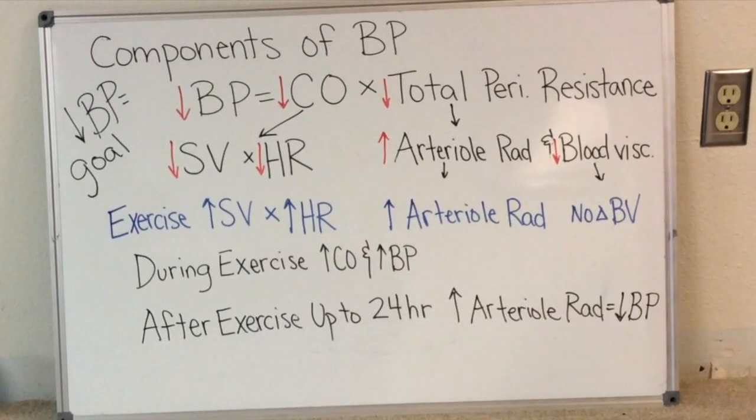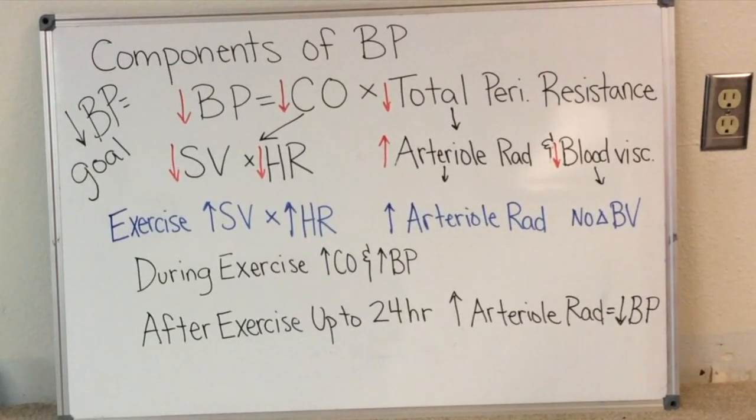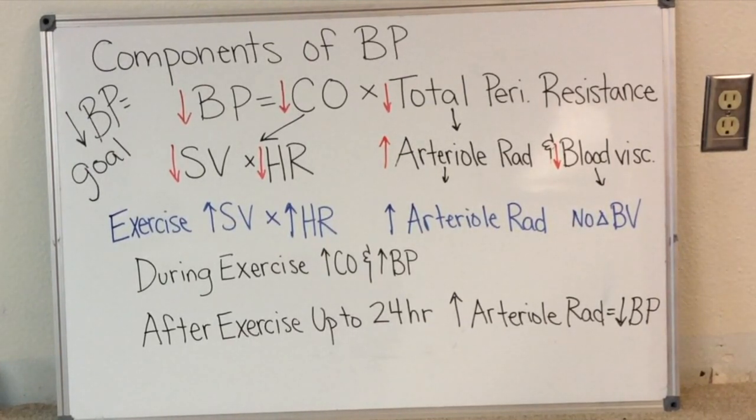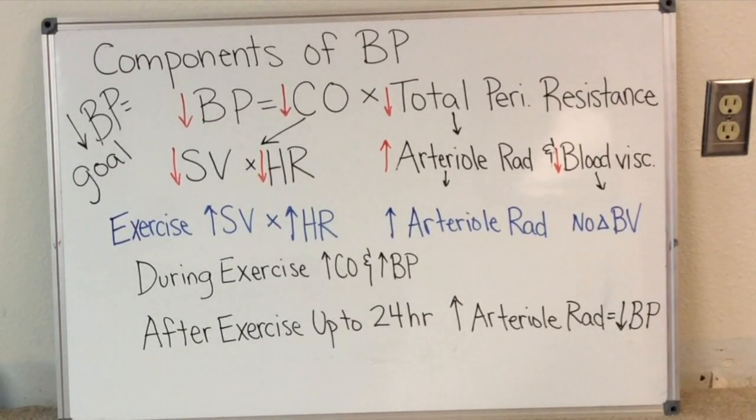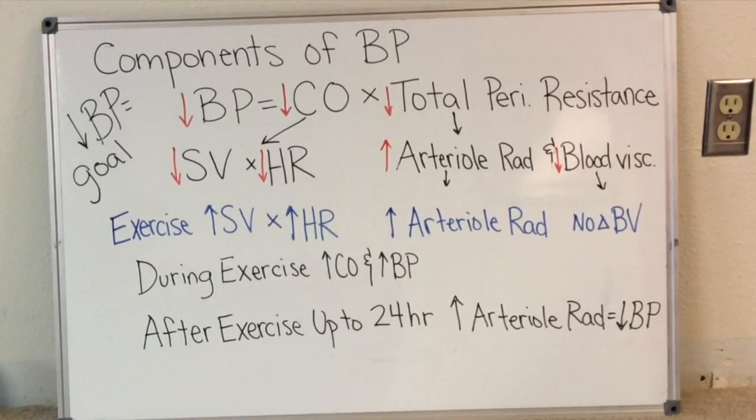This is true. During exercise, we see an increase in cardiac output and an increase of blood pressure. However, shortly after exercise has ended, heart rate begins to decrease. However, the increase in arterial radii, which results in a decrease in total peripheral resistance, can be seen up to 24 hours after exercise.